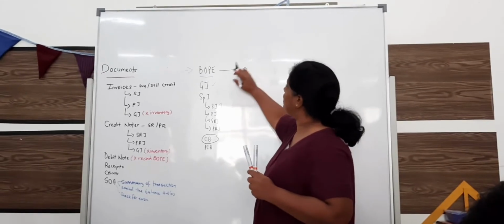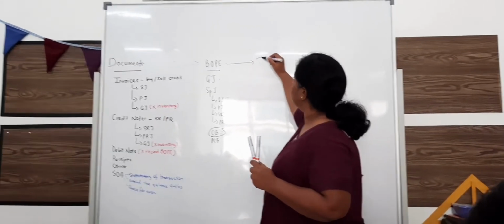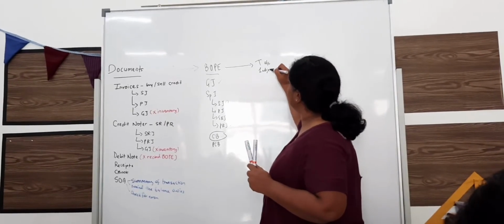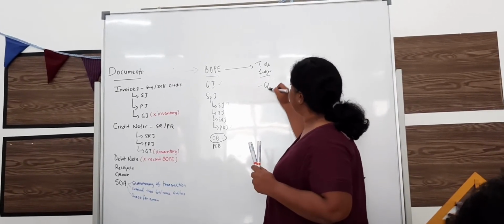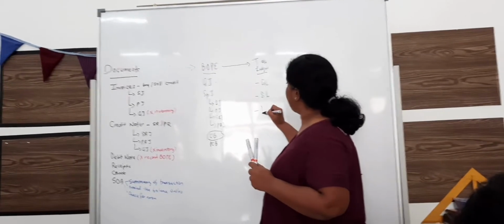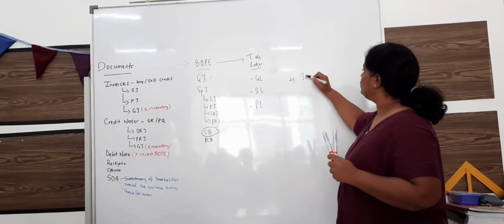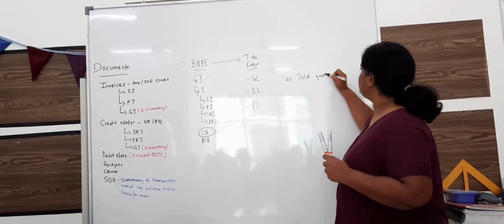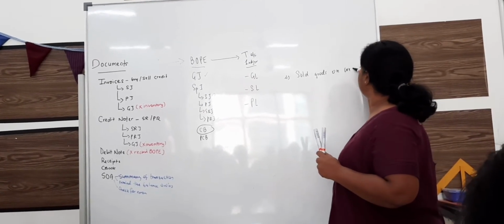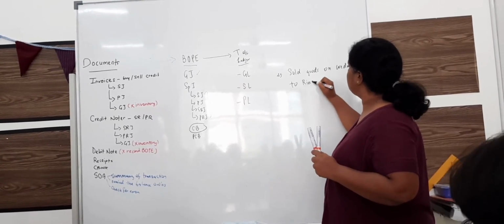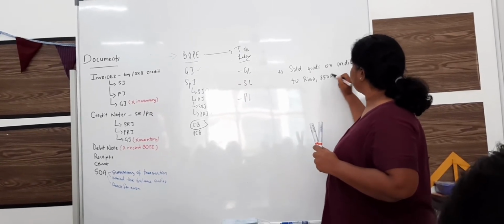Now once you finish your journal, you will transfer it to ledgers, also known as the accounts, right? Now for ledgers, there's three types: general ledger, sales ledger, and purchase ledger. Now example: sold goods on credit to Rina, 500.